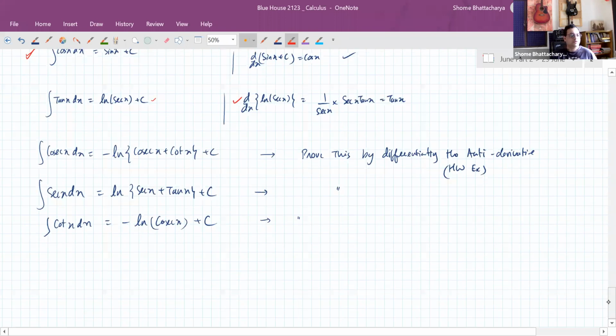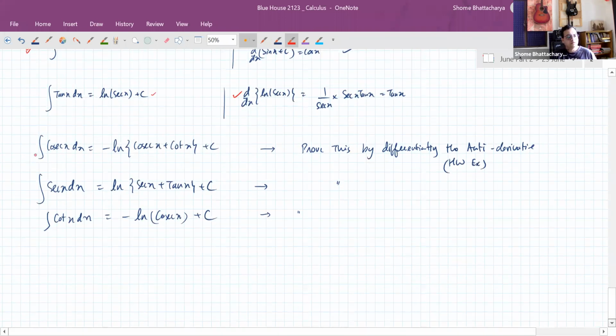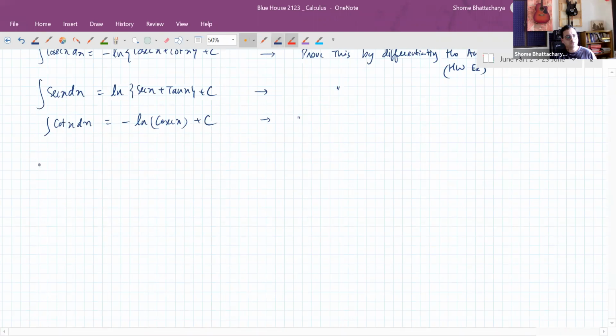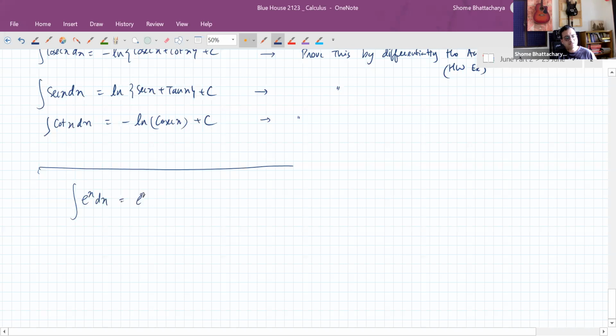Okay, and moving on, one final formula apart from the trigonometric functions is integration of e raised power x, which is as simple as the differentiation we had seen. Differentiation of e raised power x is e raised power x. So integration of e raised power x also remains the same.